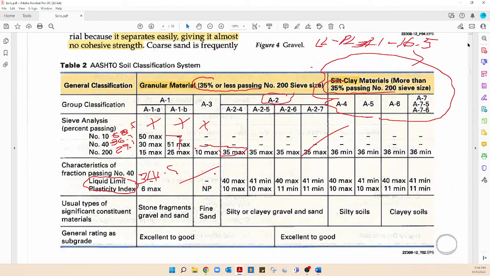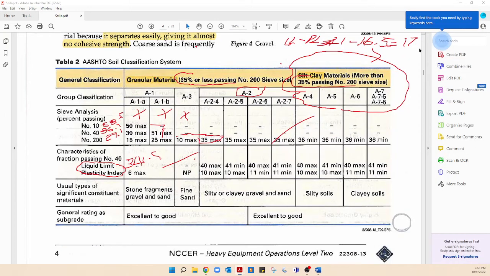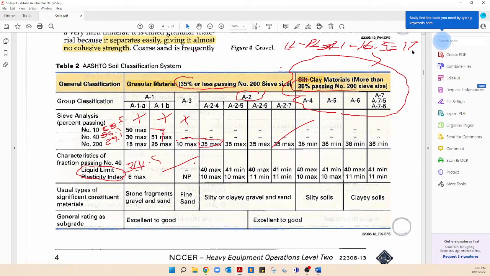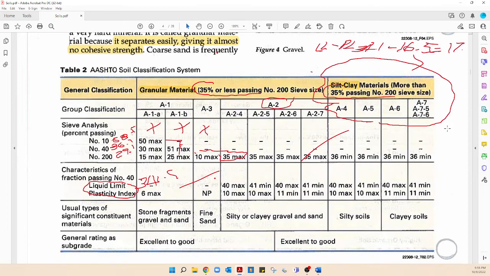That equals 17.6. So once we have that, we would go plasticity index 17.6.